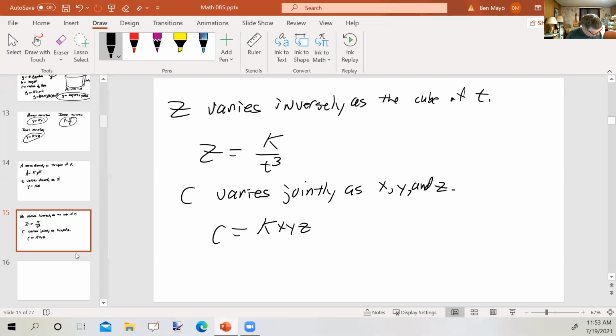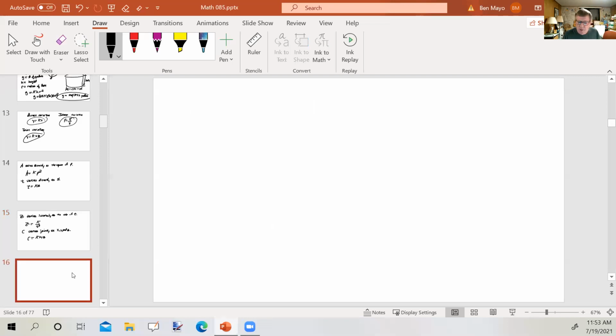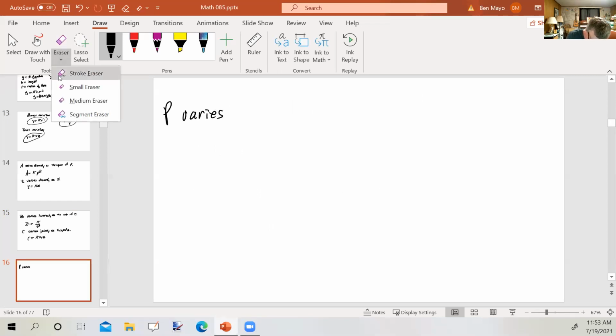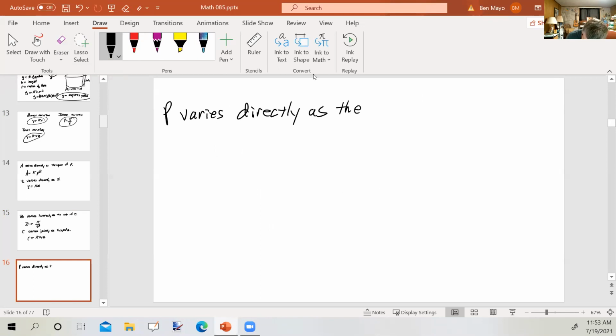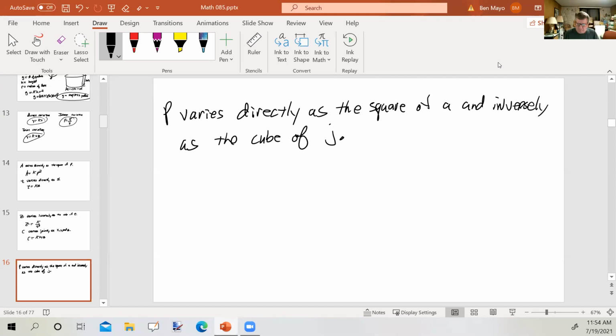Now, it's possible to have a mixed combo, so to speak, more than 1 type of variation going on at the same time. This says P varies directly as the square of A and inversely as the cube of J. So we've got direct variation and inverse variation going on at the same time.